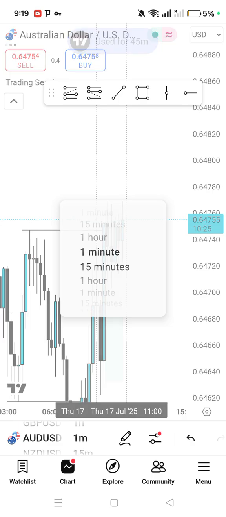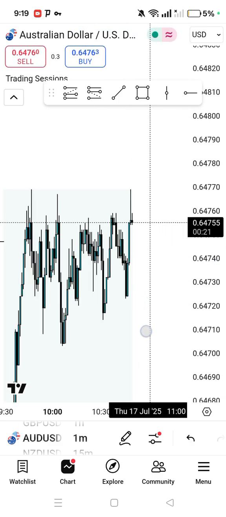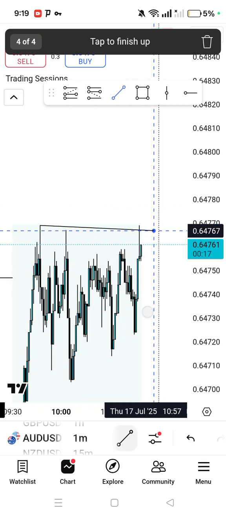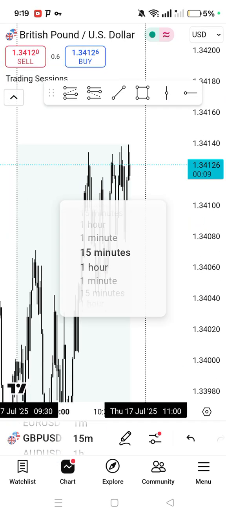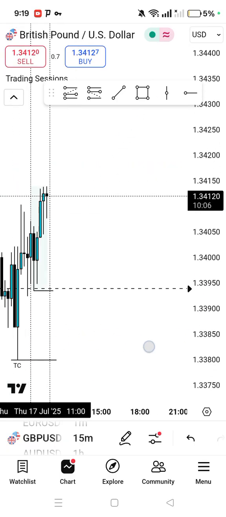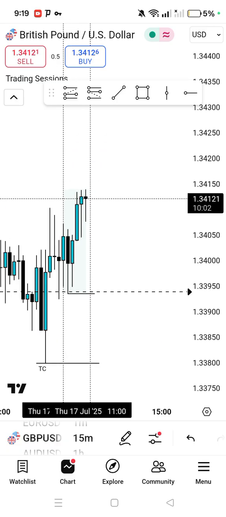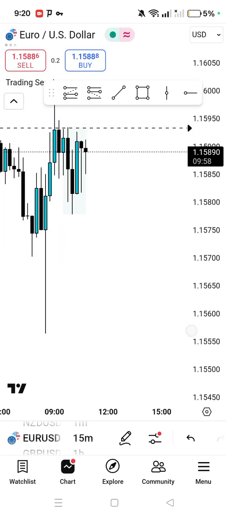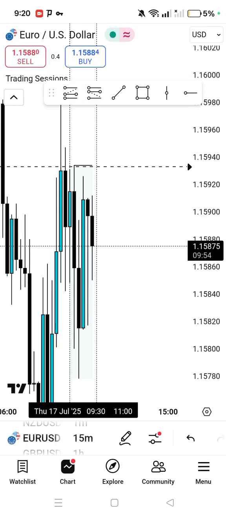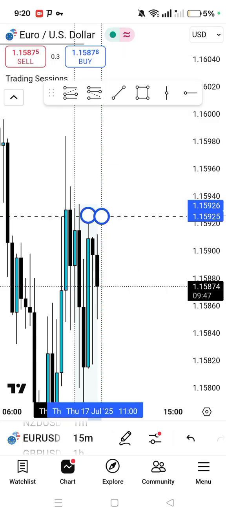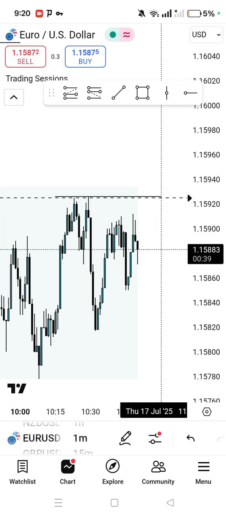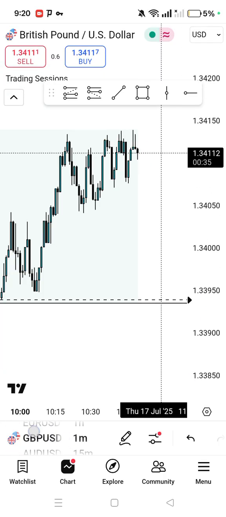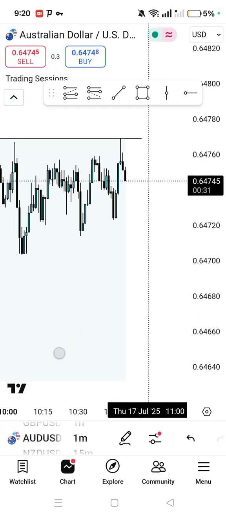Still not bullish. Right. So AUD could still give entry.